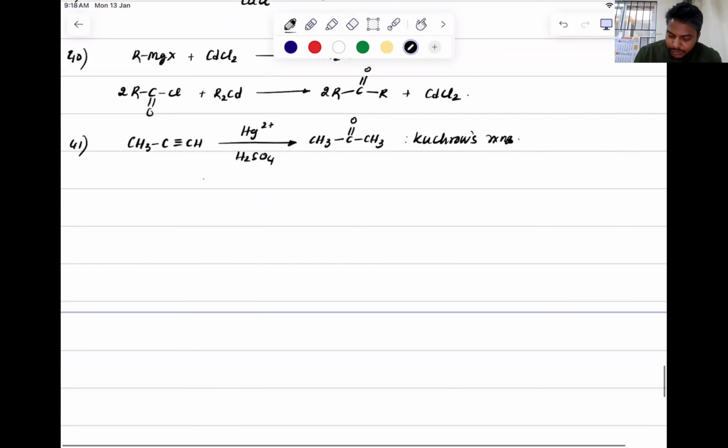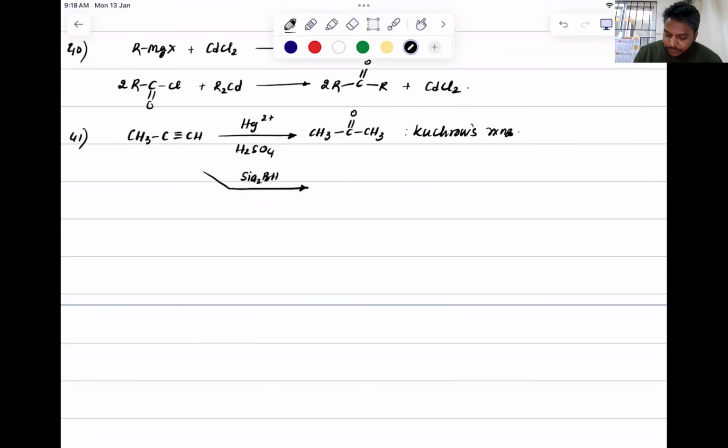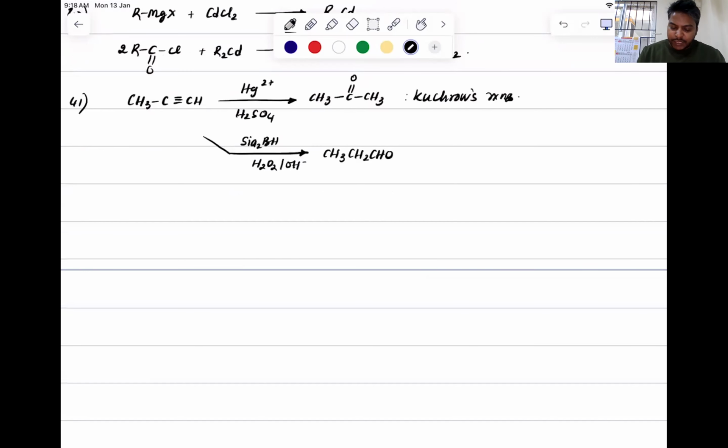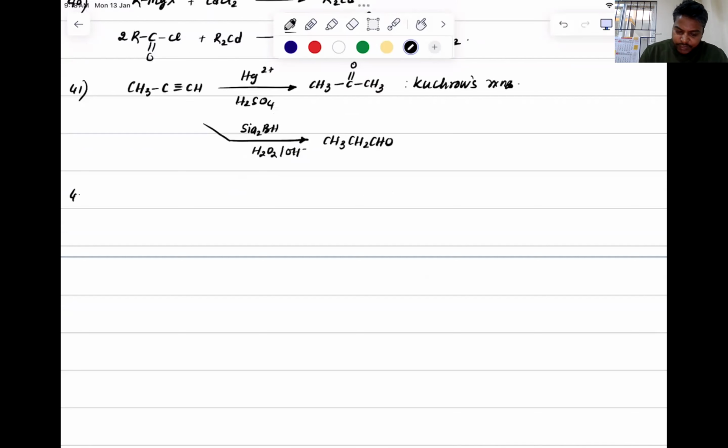All right. But if the same thing is given by Sia2BH followed by H2O2 and OH minus, then you will get the primary, I mean the terminal position, which will make it an aldehyde. So that will convert into an aldehyde. So next, 42.